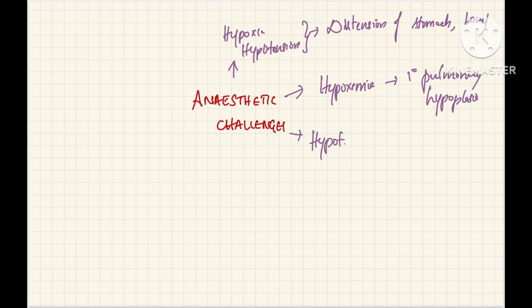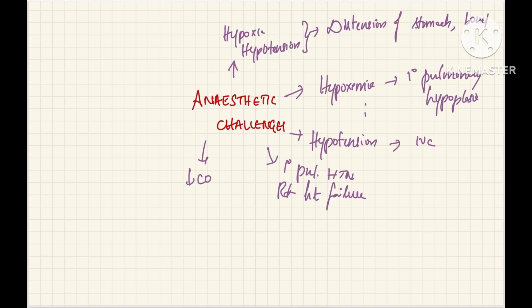Hypotension is due to kinking of the IVC or major vessels, primary pulmonary hypertension and right heart failure, decreased cardiac output, so we might need inotrope support.